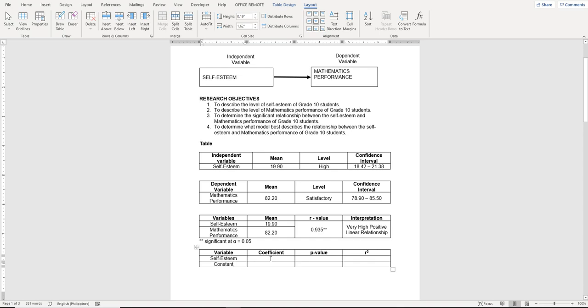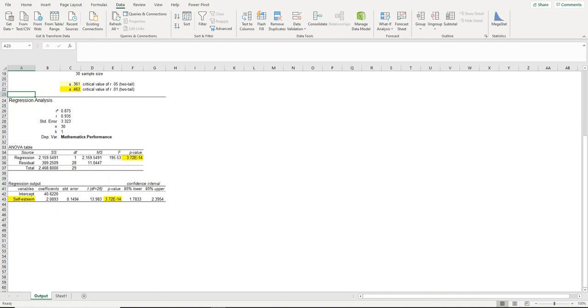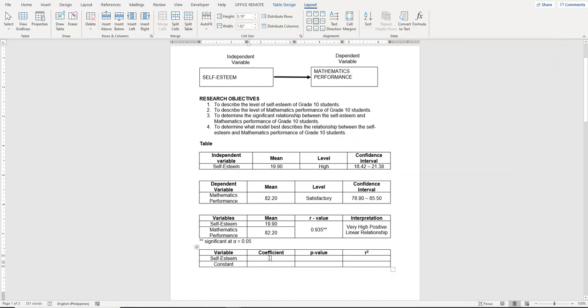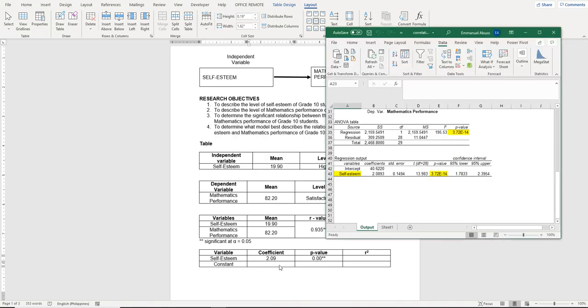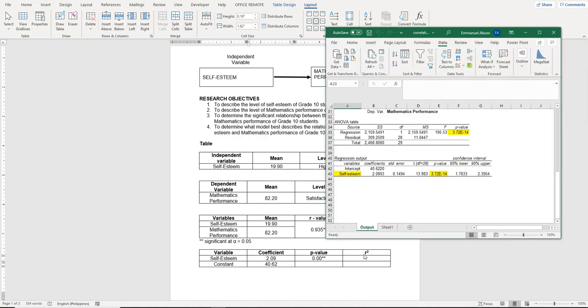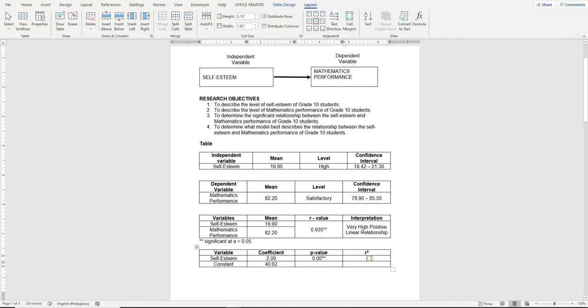Later on, I will let you see what the model looks like visually. Here, the coefficient of the self-esteem is 2.09 with a p-value of 0.00, and the constant is 40.62. Their R squared is 0.875.